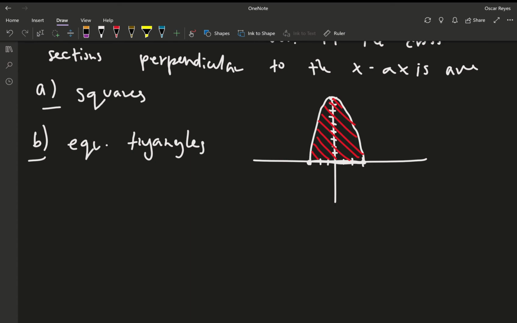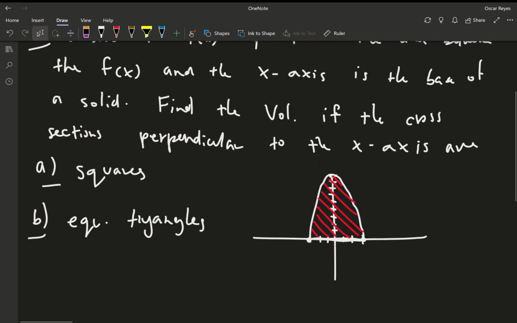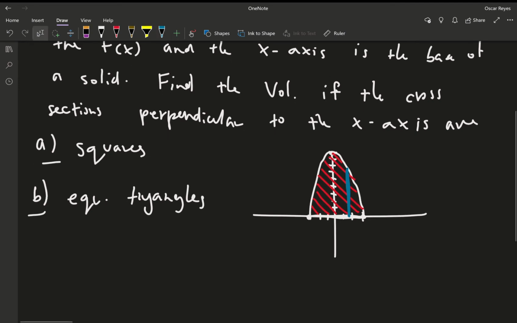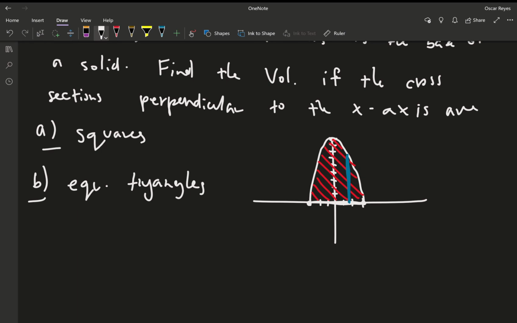So it's telling us that we have a base of a solid that is cut into minute pieces perpendicular to the x-axis. And in this case, in part A, they're squares. So this one, you kind of have to draw it out as kind of like a 3D figure. So we're going to draw it a little different.